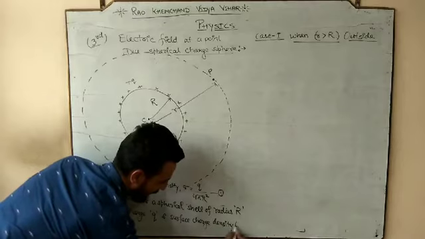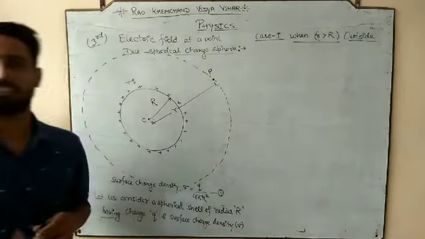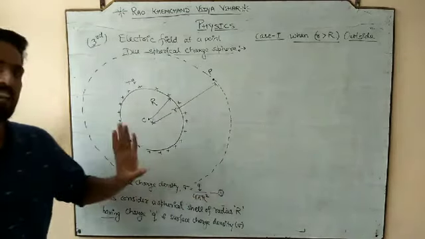So we have a spherical shell having charge small q and surface charge density sigma, which is equal to charge per unit area. That formula we have already made.